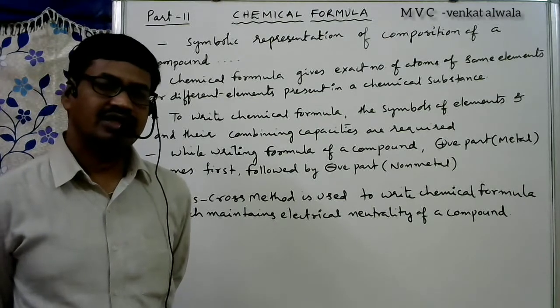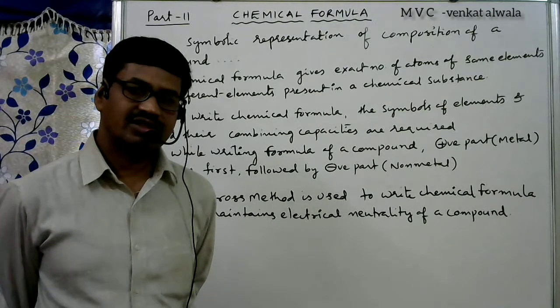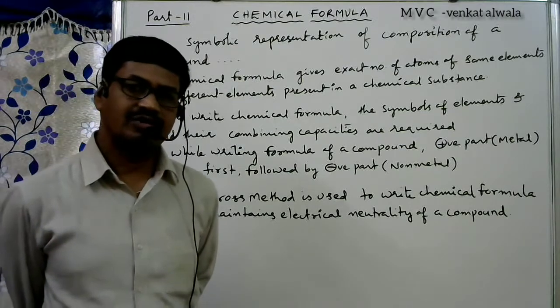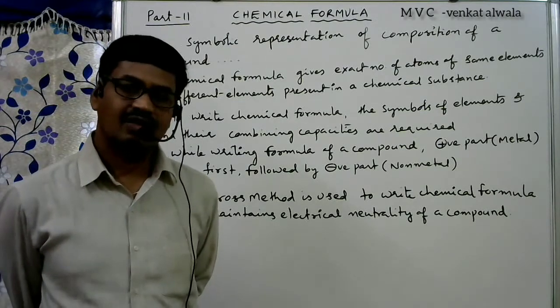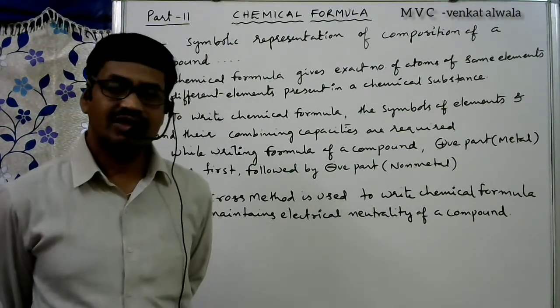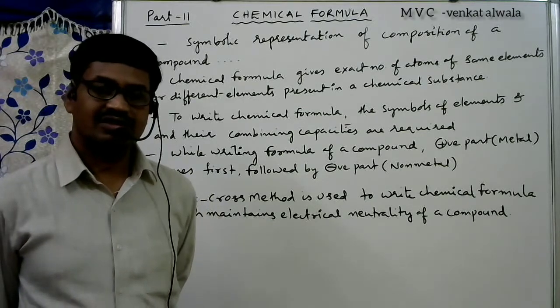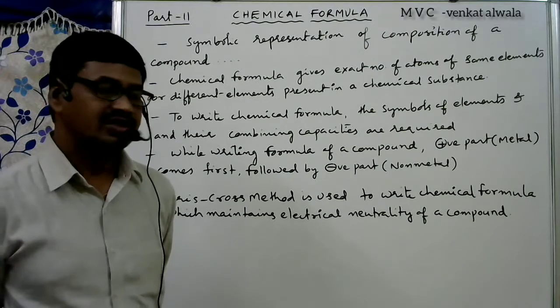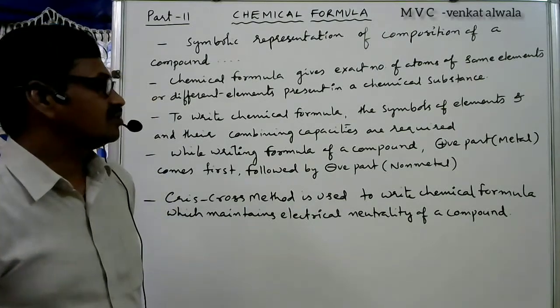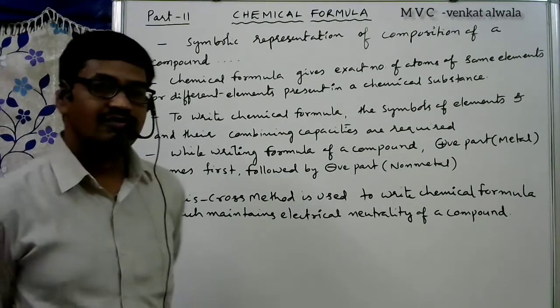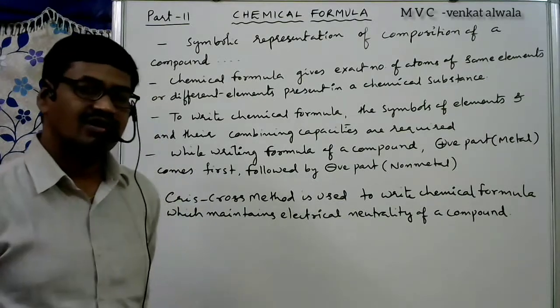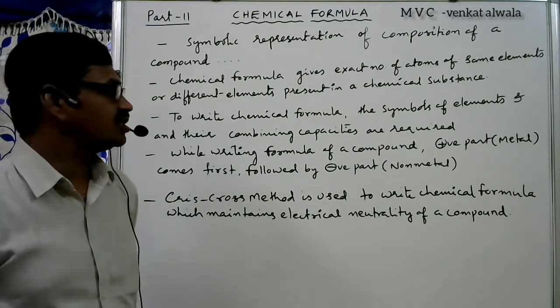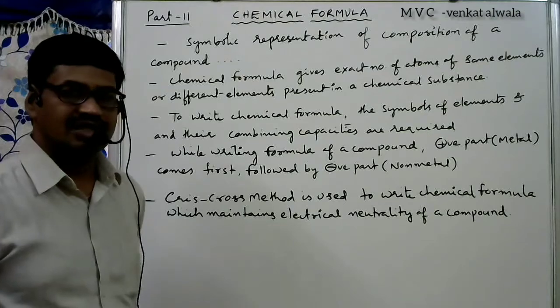Exact number: how many hydrogens are present, how many oxygens are present, or if you take aluminum phosphate, how many aluminums are present, how many phosphates are present, and in phosphate how many phosphorus and how many oxygens are present. So it can give the number of atoms of the same or different elements present in a chemical substance.